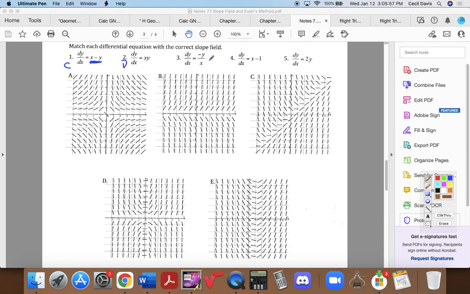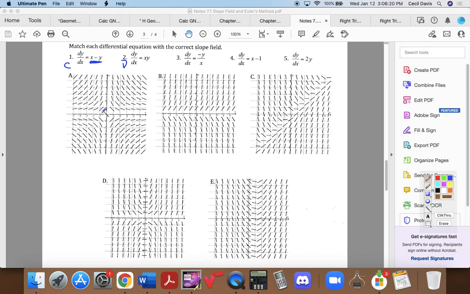This one's a little more interesting. Where is this going to be equal to 0? When y is 0. What's going to happen when x is 0? It's undefined. So when y is 0, that's along the x-axis.